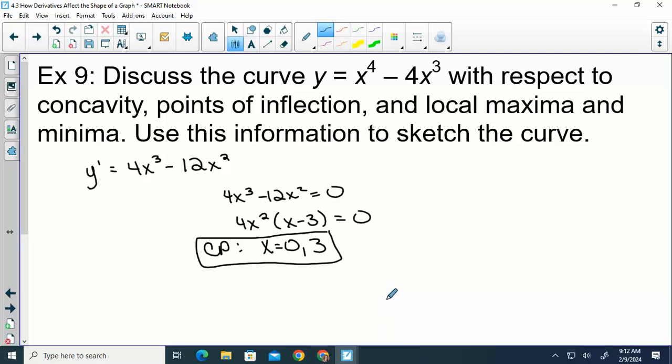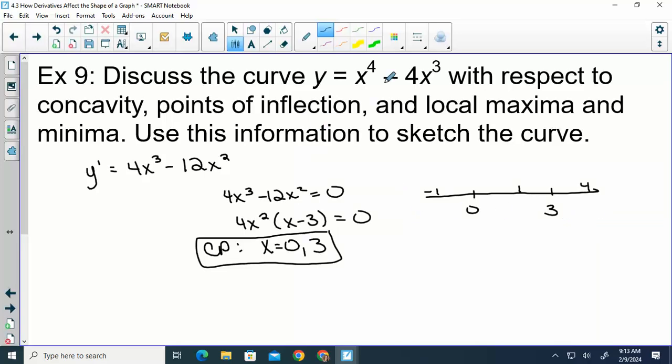What do we do with that? We make a sign line. Okay, we need a test point smaller than 0, in between 0 and 3, bigger than 3. And where are we plugging those in? The derivative.